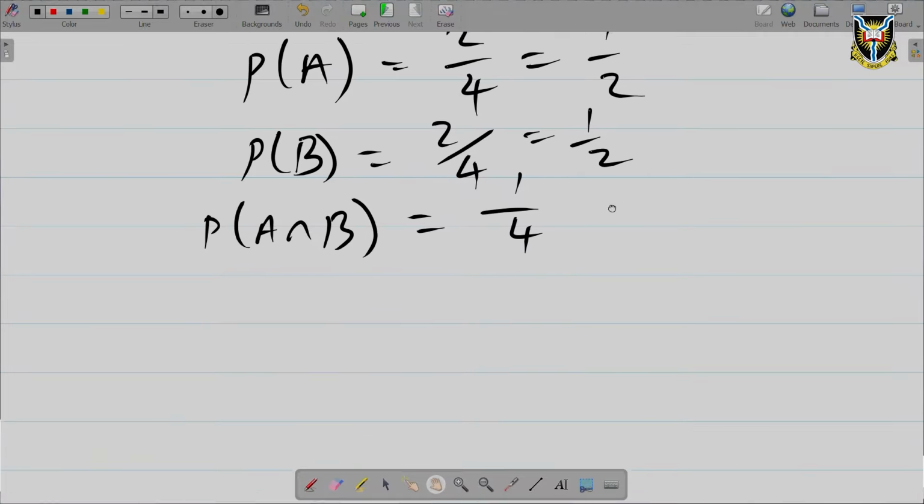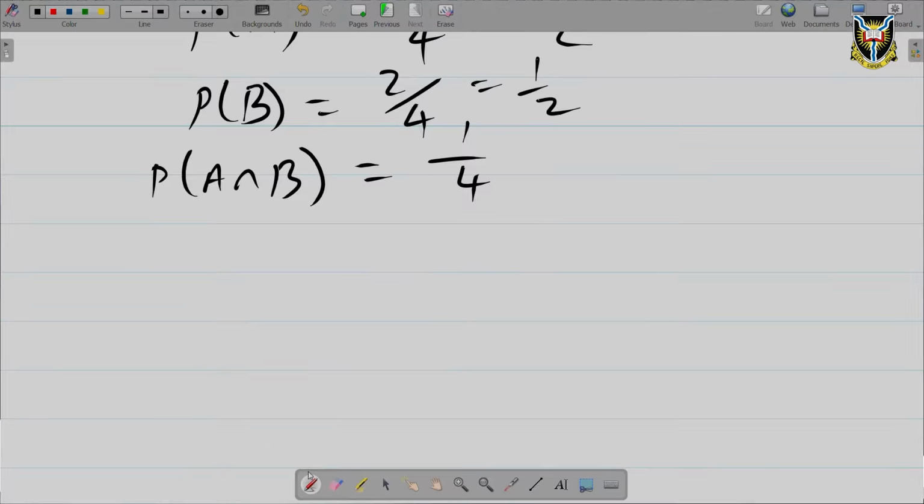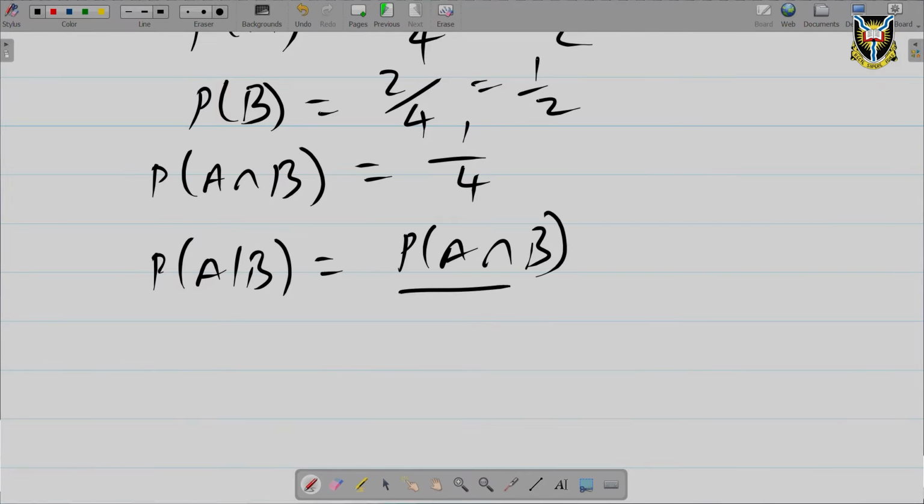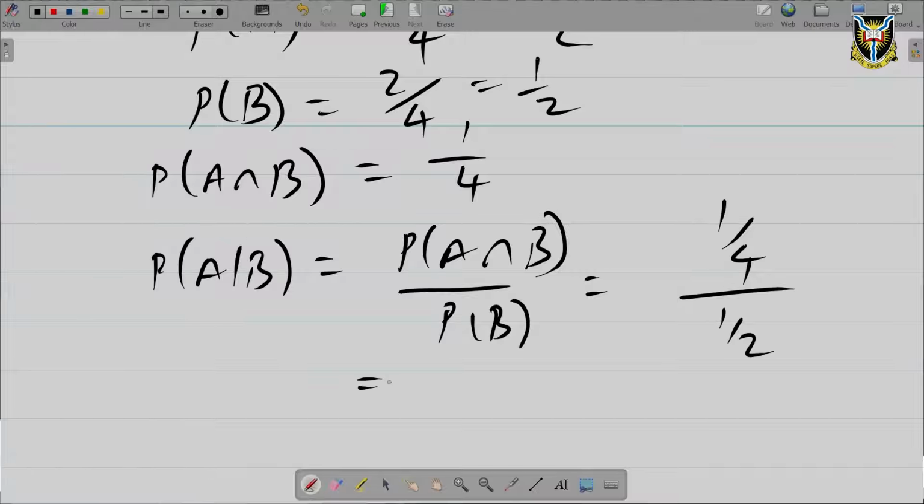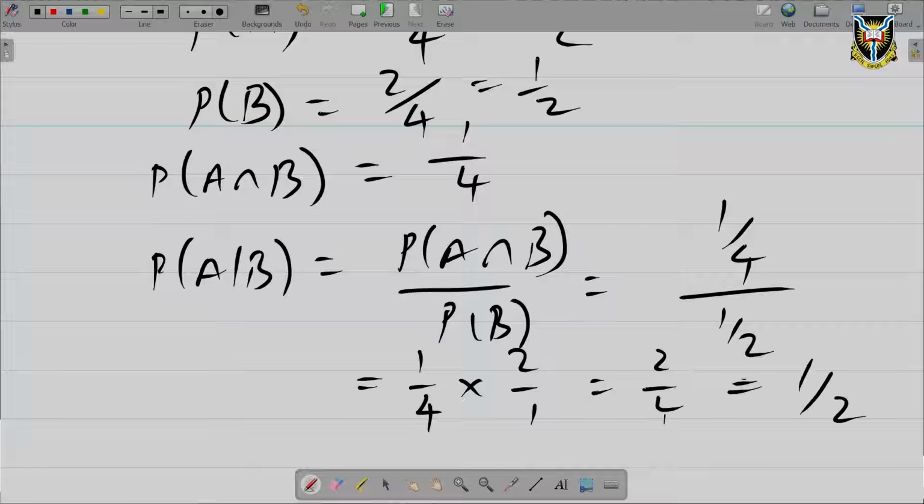In order to compute the conditional probability, using the formula specified above, probability of A given B equals probability of A intersection B over probability of B. This will be 1 over 4 divided by 1 over 2. If you do this properly, this will be 1 over 4 times 2 over 1, which is 2 over 4, which equals half. So the probability of A given B in this example is half. And that's the concept of conditional probability.